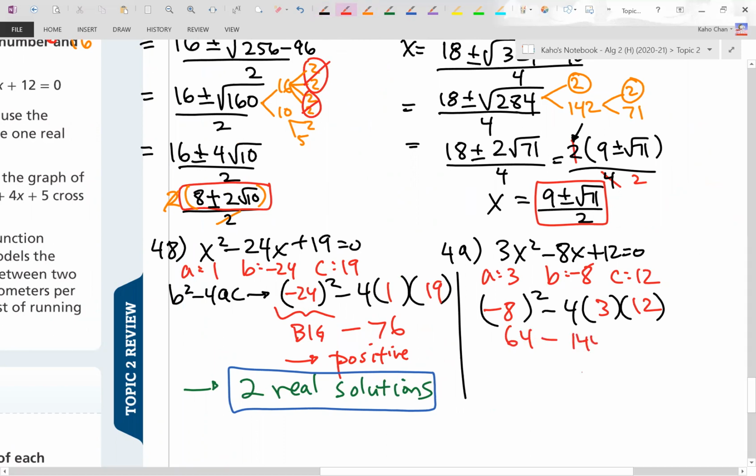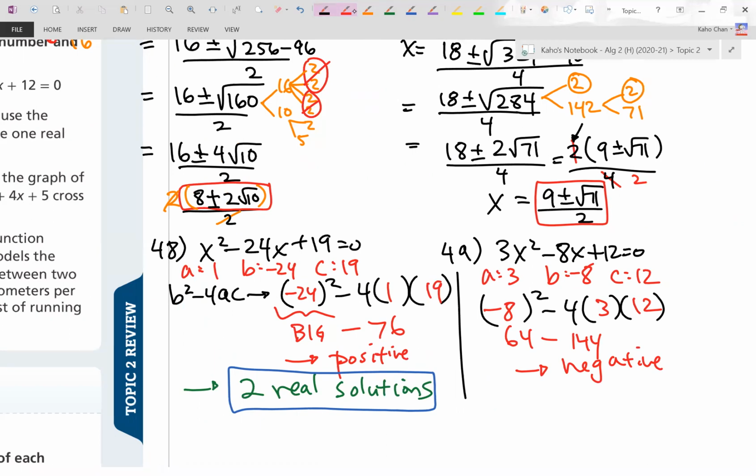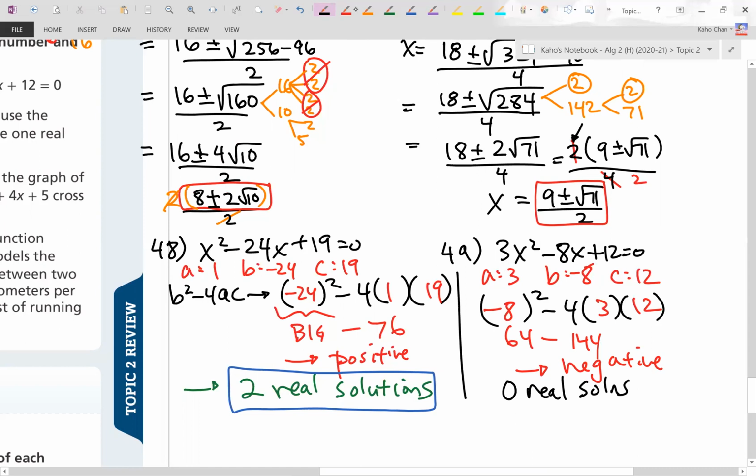Oh, 144. Yay! That's going to be a negative answer, which means I have no real solutions. We know this best as 2 imaginaries. Okay? All right.